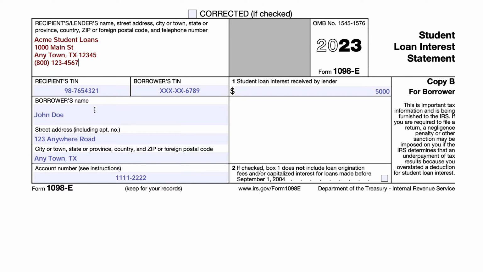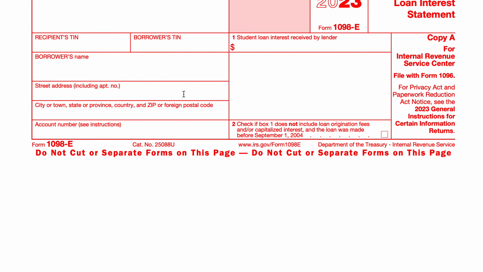You'll see their taxpayer ID number in this form. There are 3 copies of this form, so on most copies you'll see the borrower's taxpayer ID number that's truncated here. Basically, if you saw the IRS version, it would have the complete taxpayer ID number.